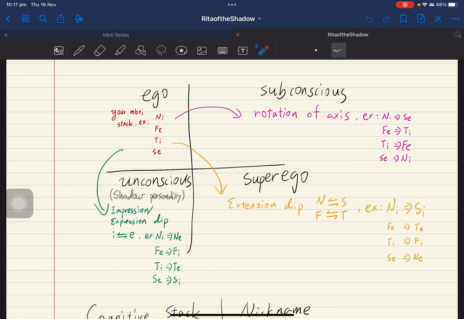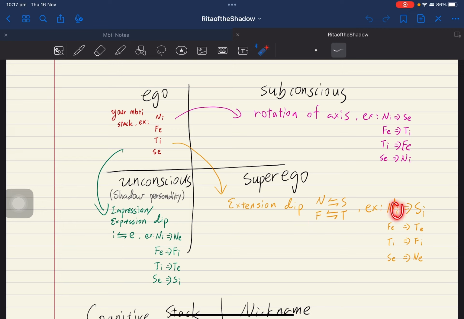So that means the introvert function changes to extrovert or vice versa. And the superego is the extension dip. So if you have intuition, it changes to sensing, and vice versa. Or if you have feeling, it changes to thinking.